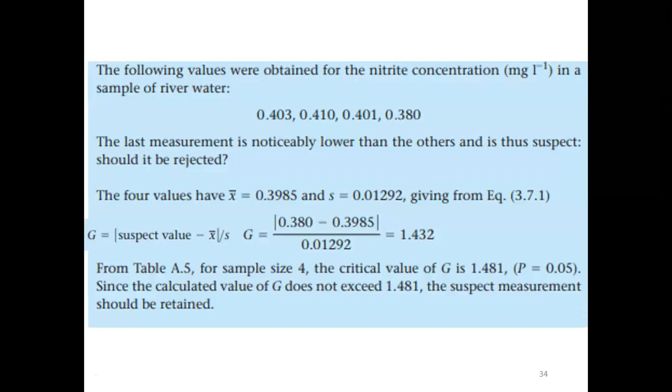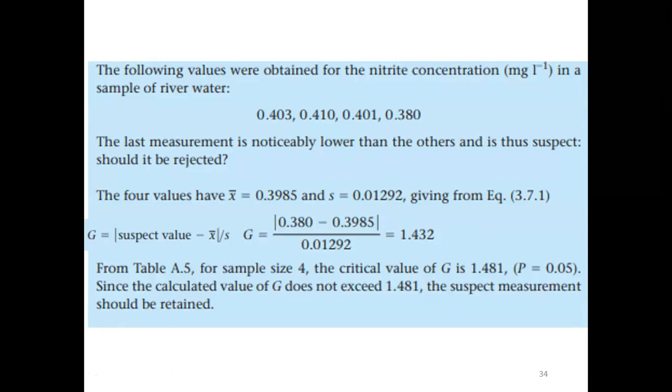The calculated value is 1.432 and the critical value is 1.481. So the calculated value is less than the critical value. Because the calculated value is less than the critical value, we can say the suspect measurement should be retained.